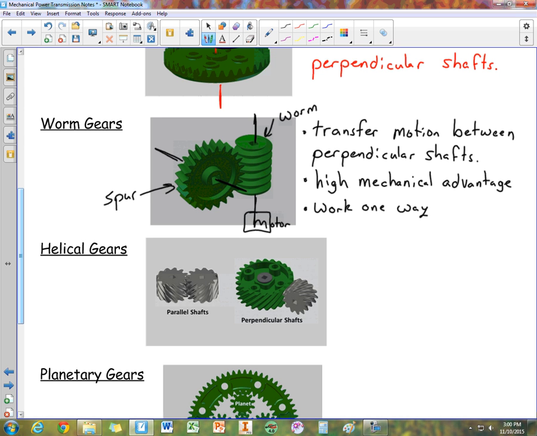When the motor's turned off, and if you have a wheel on the spur gear, this will act as a brake for you. The wheel will not be able to turn that worm gear. But since it has such a high mechanical advantage, it's going to be slow. So if this motor is turning at 100 RPMs, that wheel is going to be spinning at very, very, very much less than 100 RPMs.